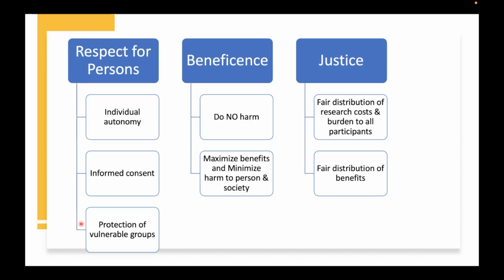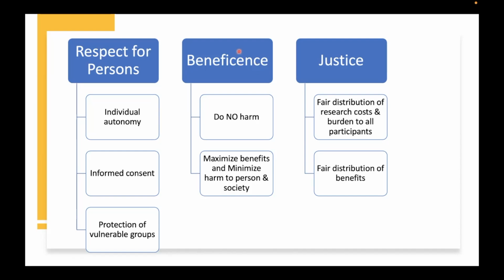Now, examples of vulnerable groups will be minors, those who are not of legal age, pregnant patients, elderly, those who are mentally retarded, those who might have insanity, okay, those who belong to cultural or tribal minorities. So we have to protect vulnerable groups.